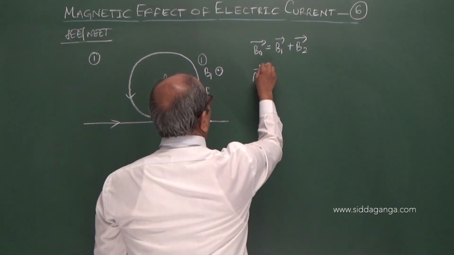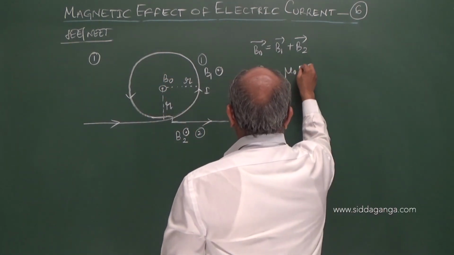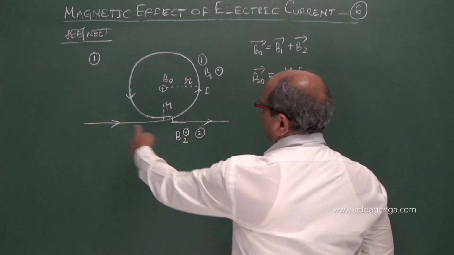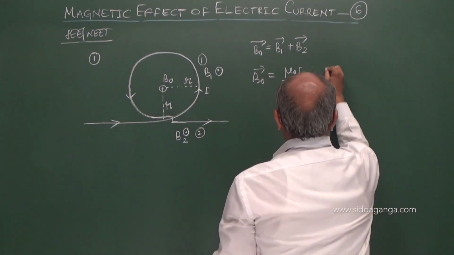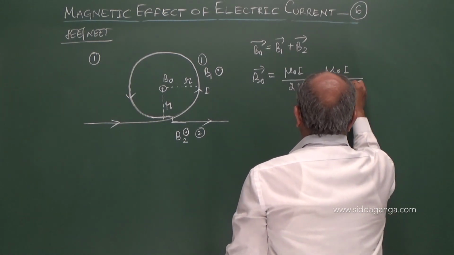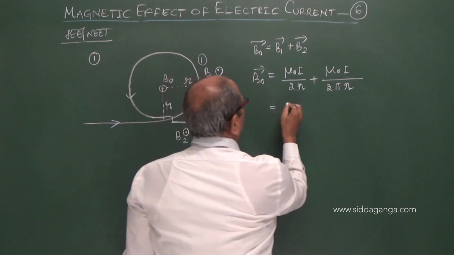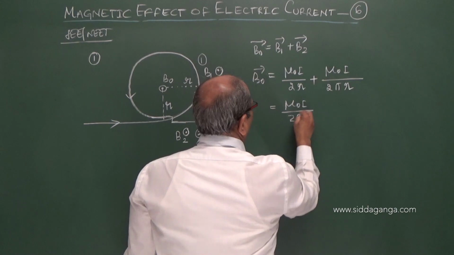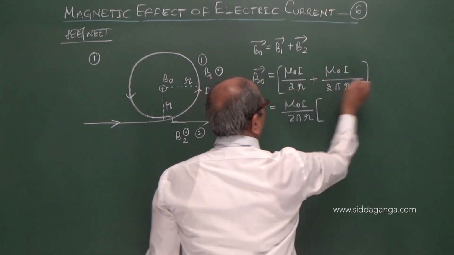Therefore, B naught: first it is a complete circle, mu naught I by 2R, plus it is a straight line of infinite length with perpendicular distance R, mu naught I by 2 pi R for infinite length. So if I take mu naught I upon 2 pi R outside, both together give the field outward.